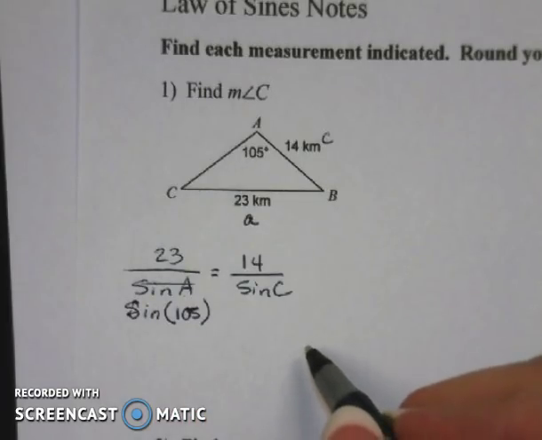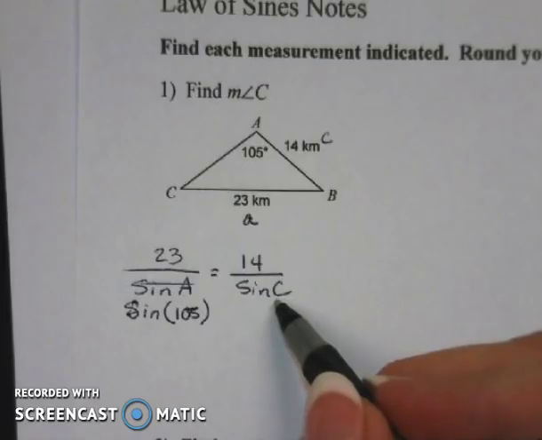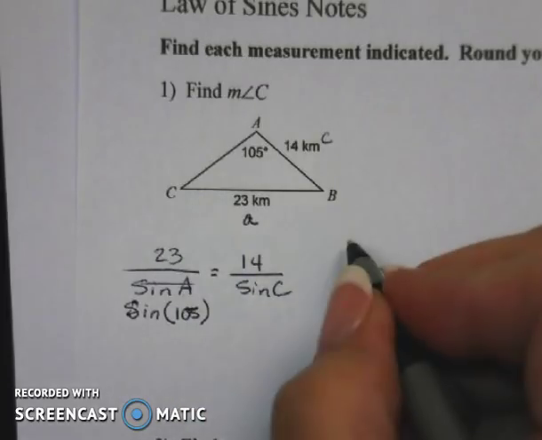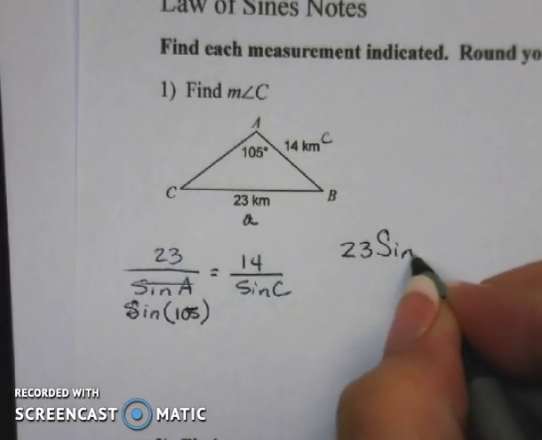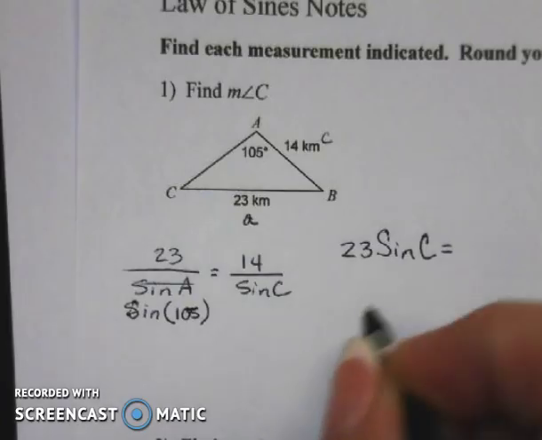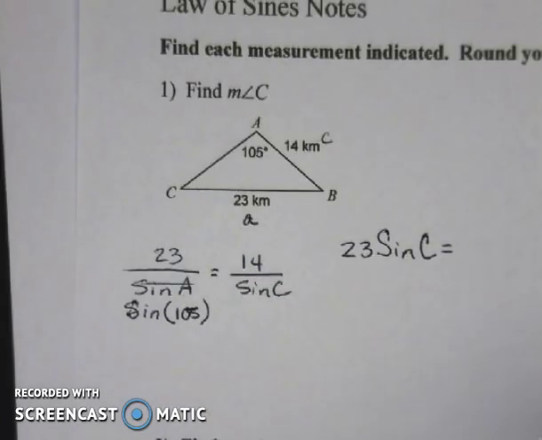So to solve that, I'm going to use what's called cross products. So I'm going to cross multiply. I always start with the one I don't know. Sine C times 23. So 23 sine of C is equal to 14 times the sine of 105.